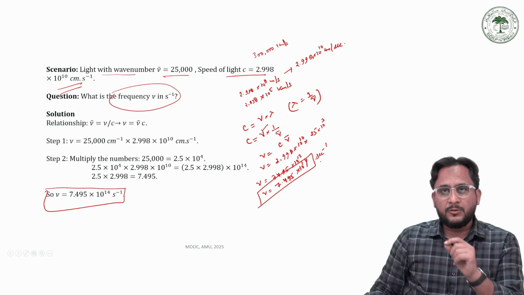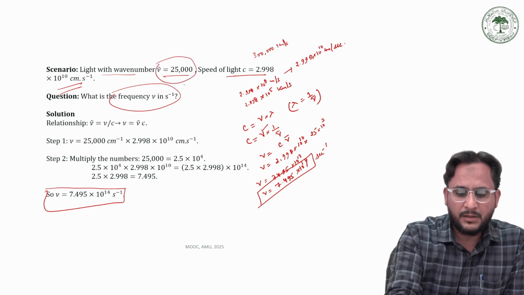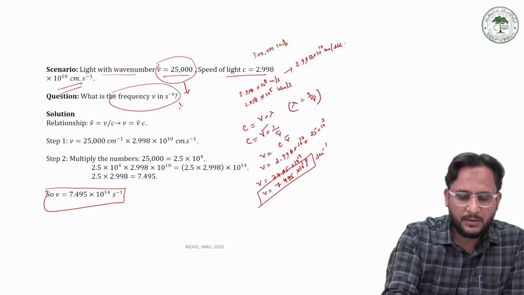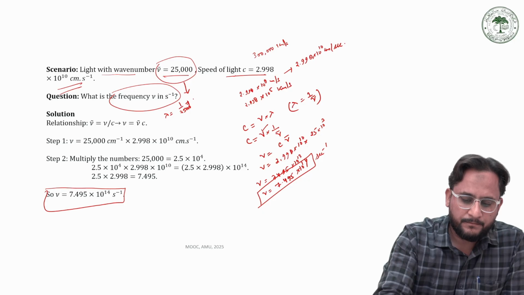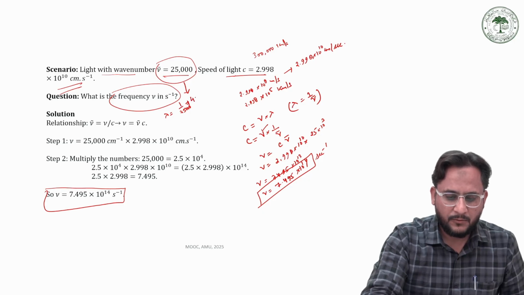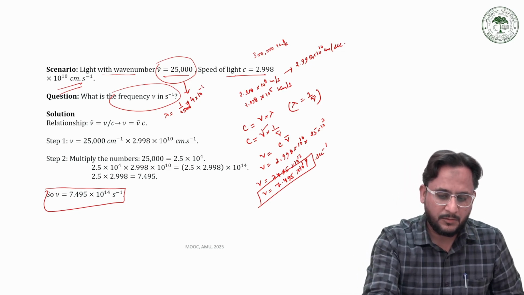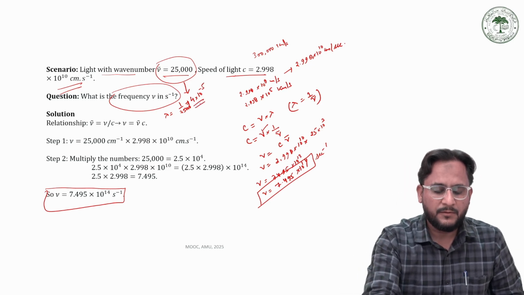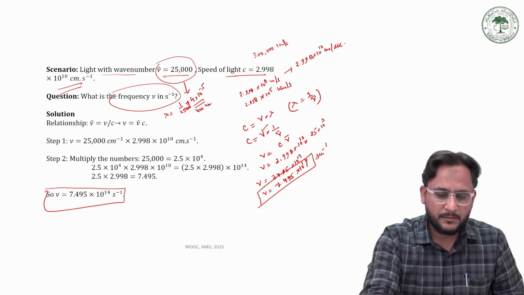Or we can also do it like this: we first convert this 25,000 into wavelength. This can be calculated into wavelength by 1 upon 25,000. It will become 4 into 10 raised to the power minus 5 centimeter, which means the wavelength is 400 nanometers.